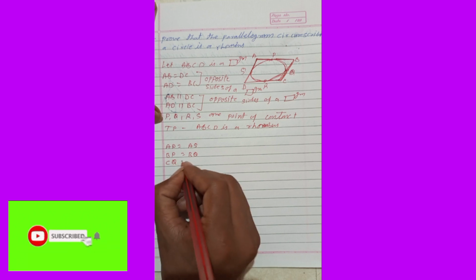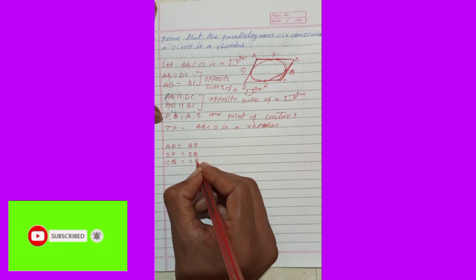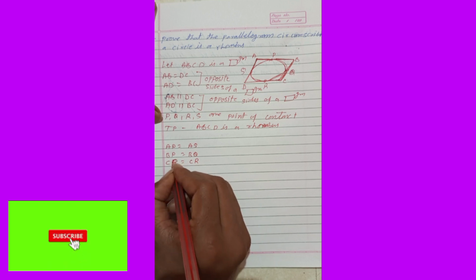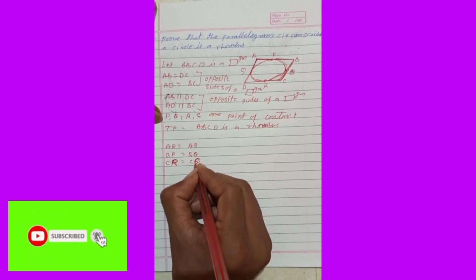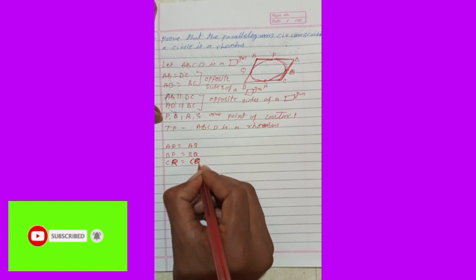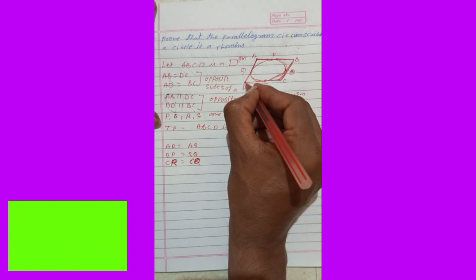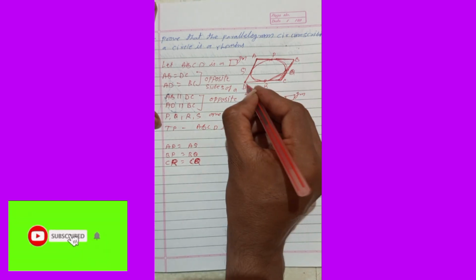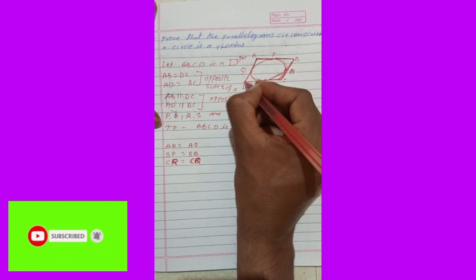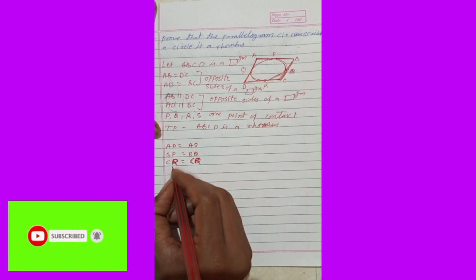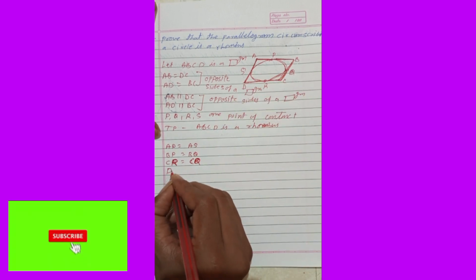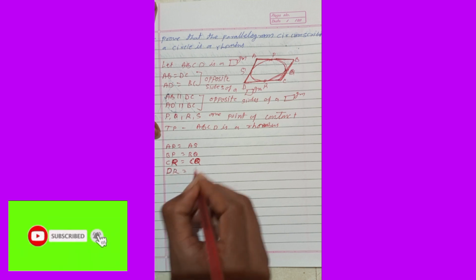We can write CR is equal to CQ. Now from here, these are also tangents, so we can write DR is equal to DS.